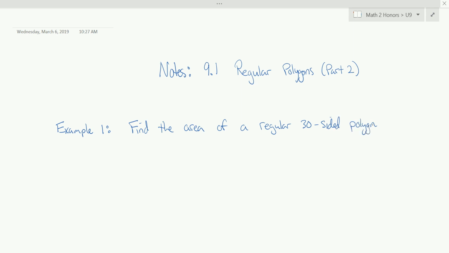That has a radius of 4. Okay, so on this one, we're going to definitely approximate our answer to the hundredths place.